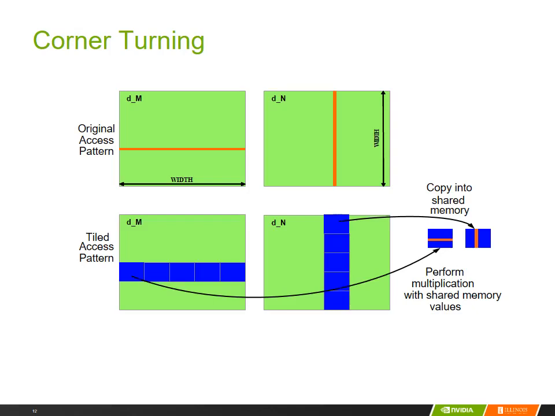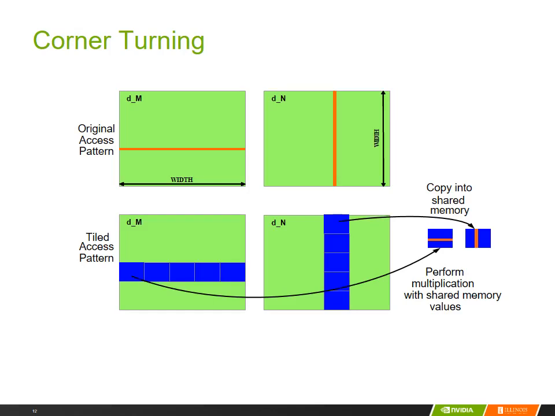So the threads actually make a 90 degree turn in terms of the access direction, whether it is loading from DRAM or accessing from the shared memory. This is what we call a corner turning technique, which forces the threads to access DRAM in a more favorable pattern.